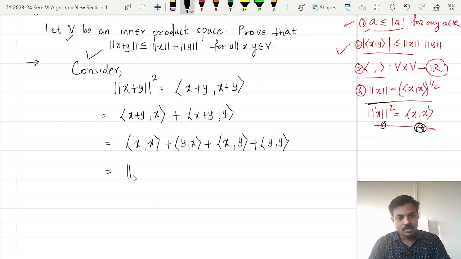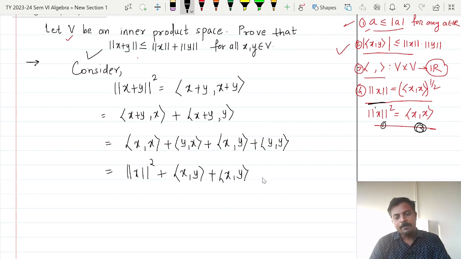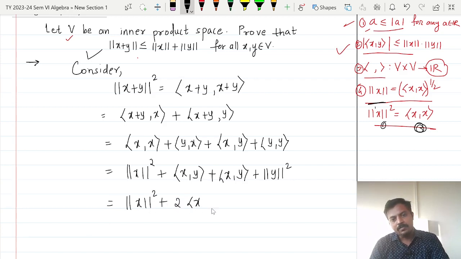According to the properties of inner product, inner product of y with x is same as inner product of x with y. So this will be plus norm of y square, which is further equal to norm of x whole square plus twice inner product of x with y plus norm of y whole square.